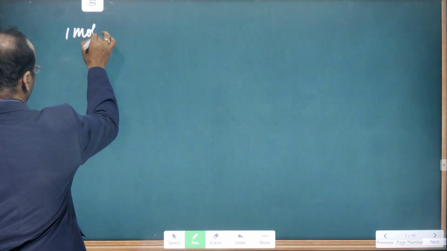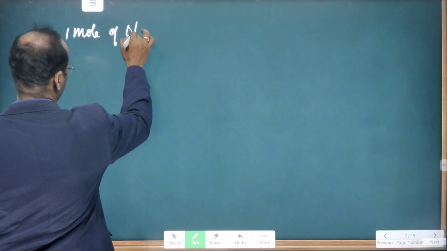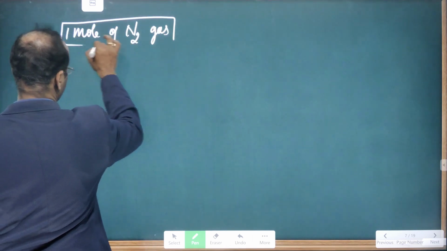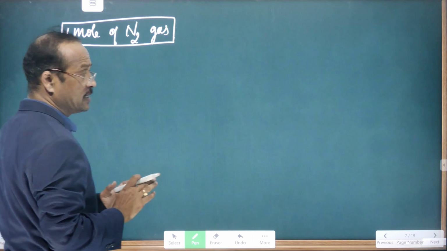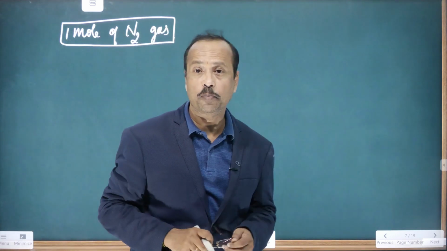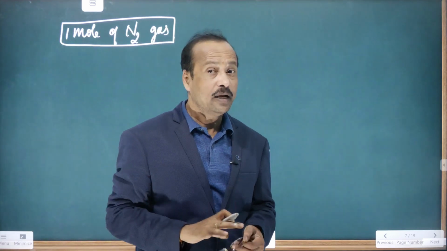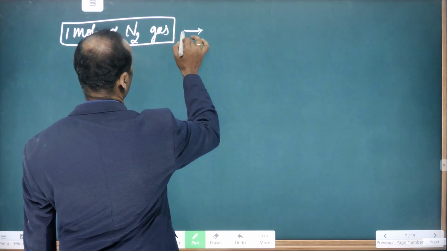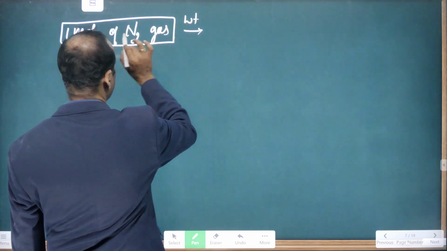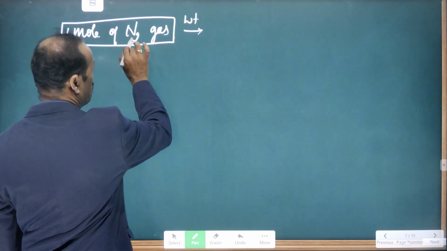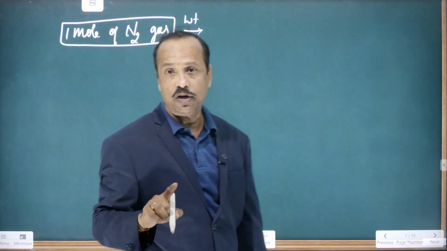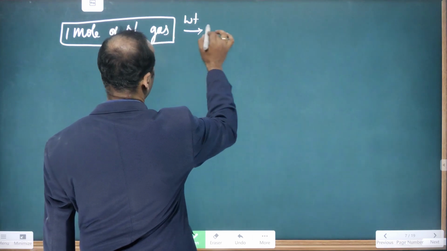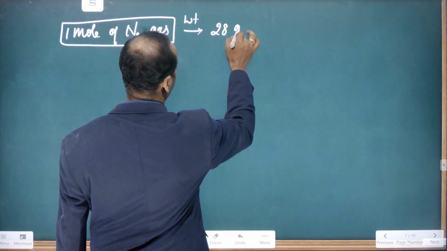You know that 1 mole of nitrogen gas contains 6.023 into 10 to the power of 23 molecules, right? Now, if they ask you the weight, you have to calculate it. In nitrogen molecules, 2 nitrogens are there, and each nitrogen atomic mass is 14. 14 twos are 28. So 1 mole of nitrogen gas weighs 28 grams.